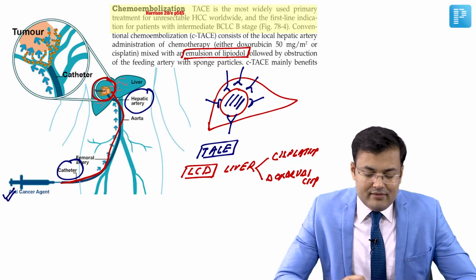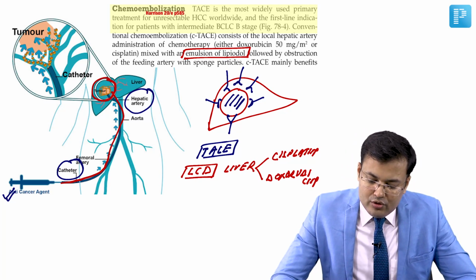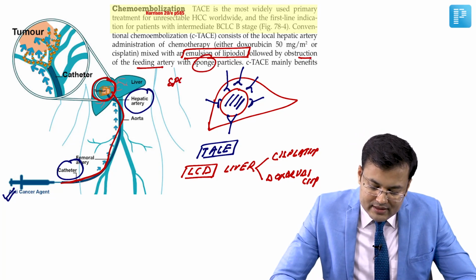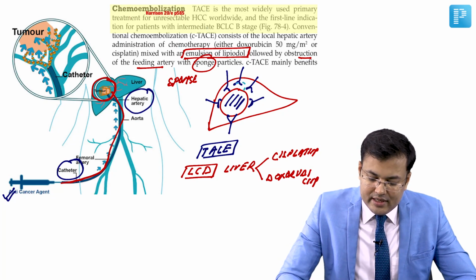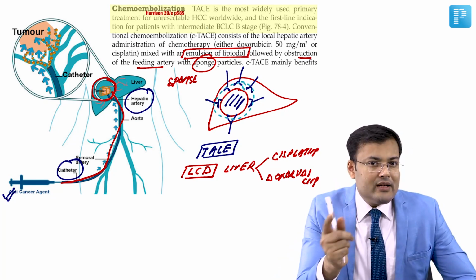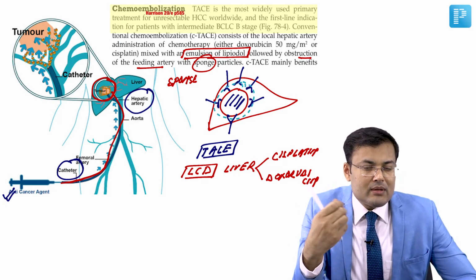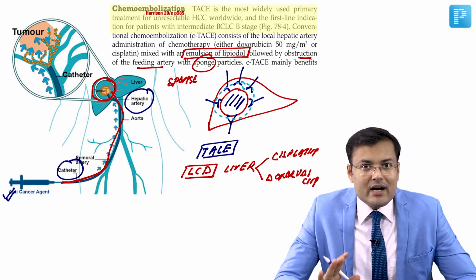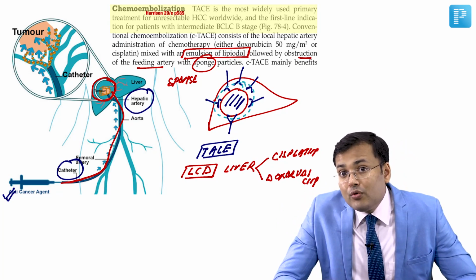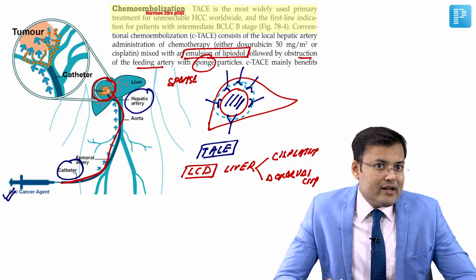And after this delivery, what you do? You are going to obstruct the feeding artery with sponge particles. So here first the chemotherapy is delivered and then you are going to cut off the vascular supply with the help of sponge particles. What's the name? Trans-arterial chemoembolization. So you are giving chemotherapy.